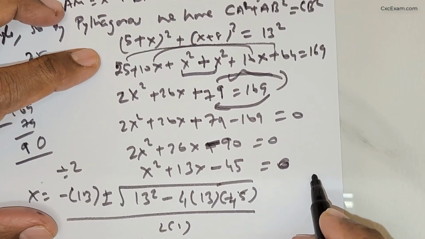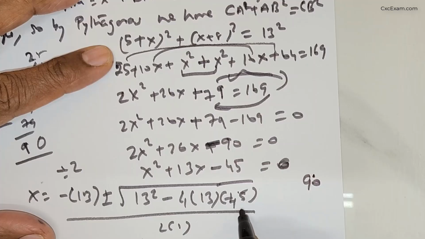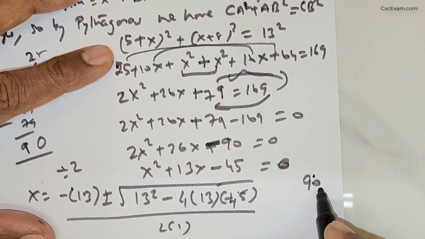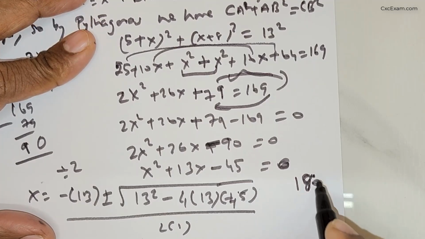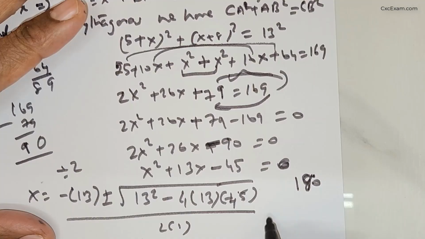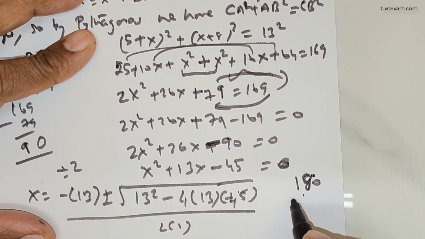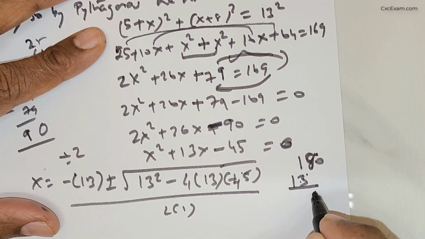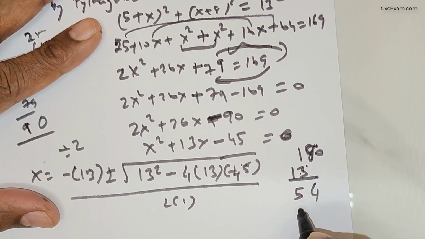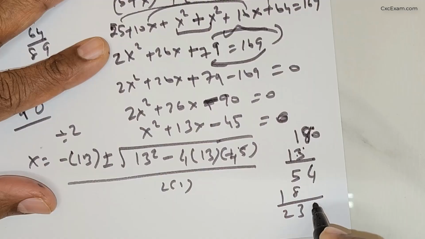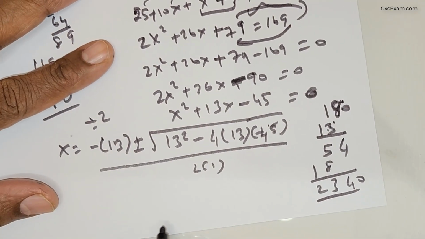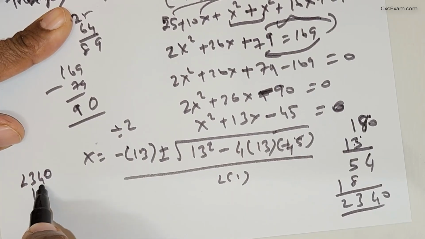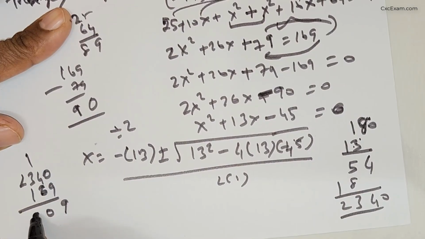So 4 times 45 is 180, and I have a 13 squared, which is 169. So 169 added with 180, we have 349.